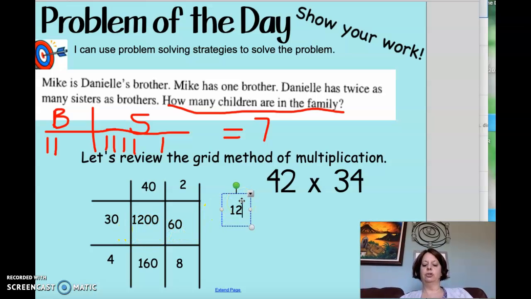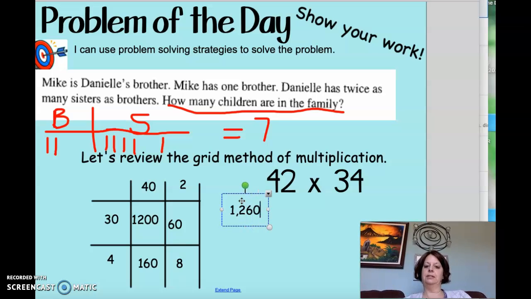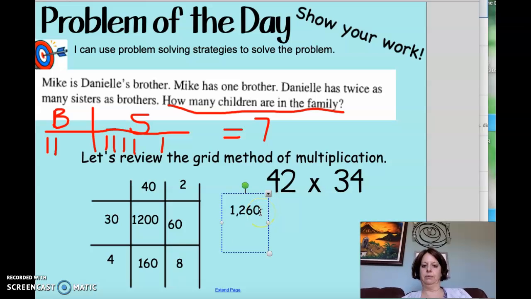1,200 plus 60 is 1,260, right? Then next, I'm going to add 160 plus 8. What is that? You are correct, 168.